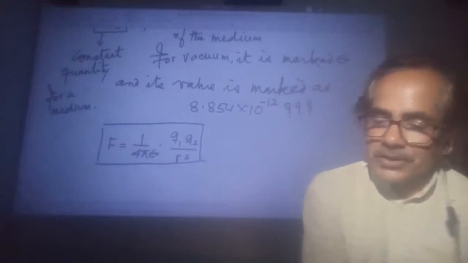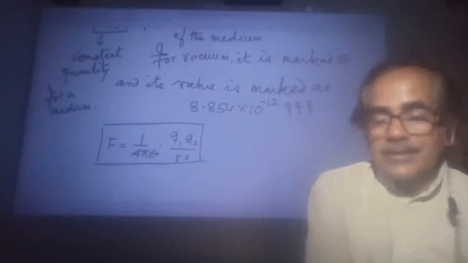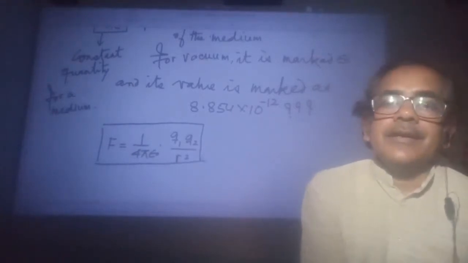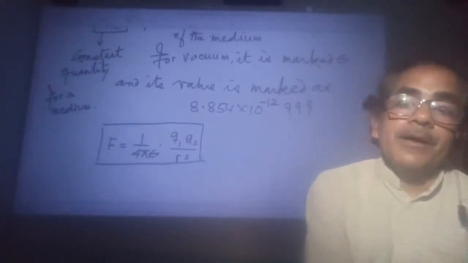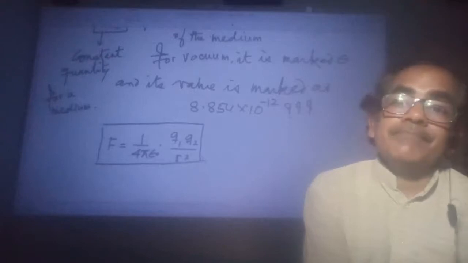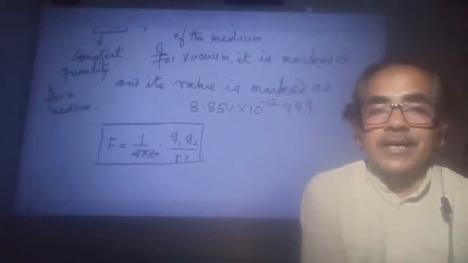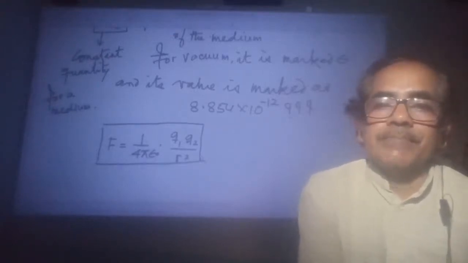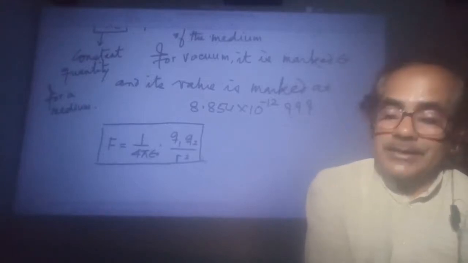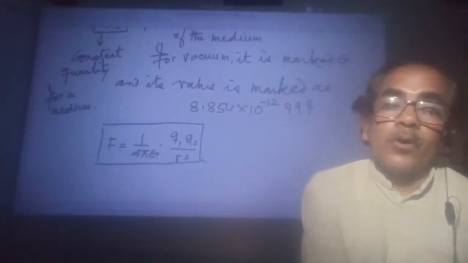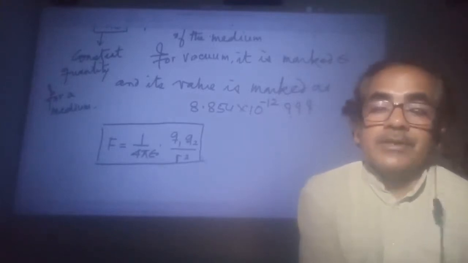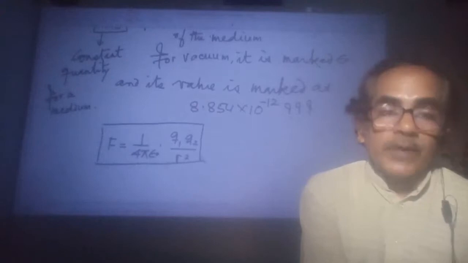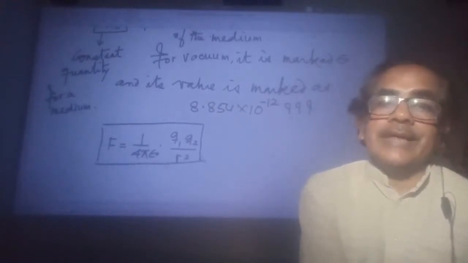This direction generally is along the line joining the two charges, whether towards the charge or outward from the charge. And if you want to consider this on a plane or in space, you have to consider the vector norms for calculating the exact direction of the force.